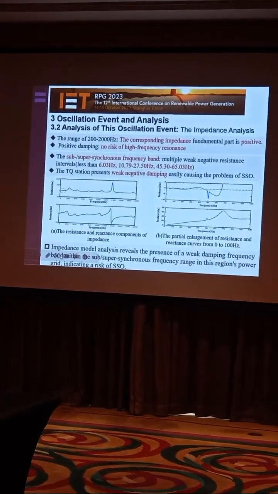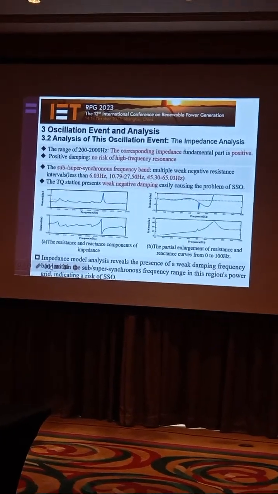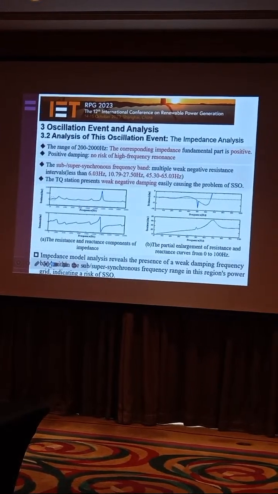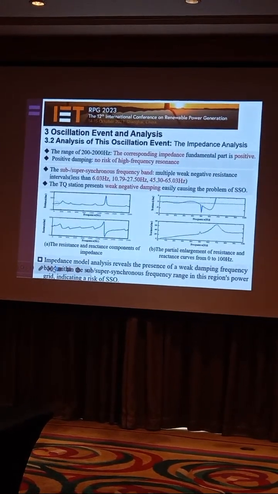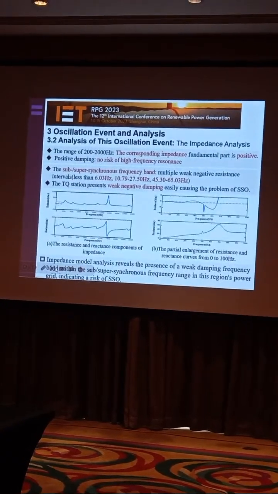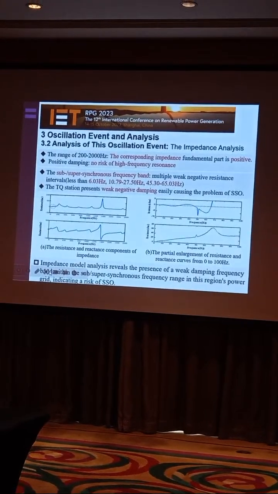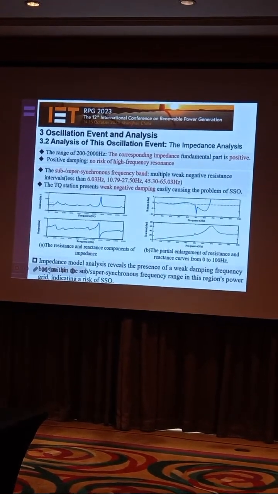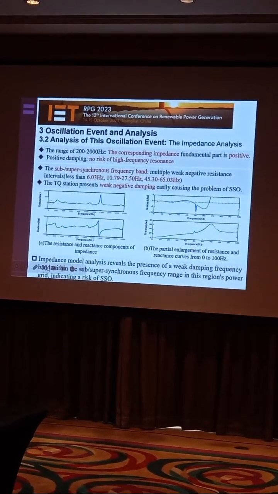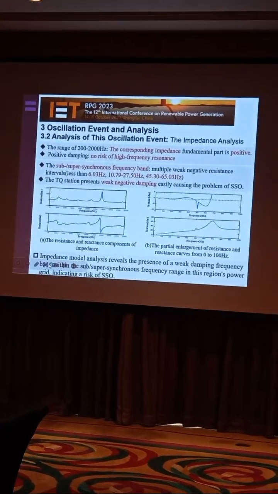Through impedance analysis, we obtained the resistance and reactance components of the frequency domain impedance in the range of 0 to 2000 Hz. In the range of 200 to 2000 Hz, the impedance component is positive, and the impedance at high frequency resonance points is positive damping.